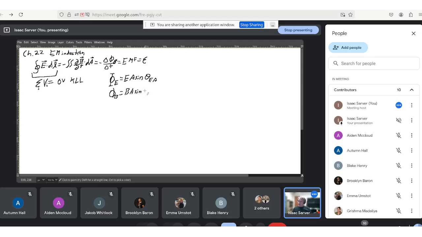So it's basically the same idea, just a change in the units, the change in the identity of the field.